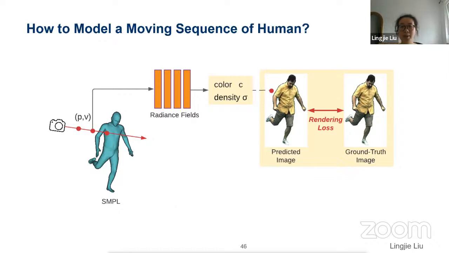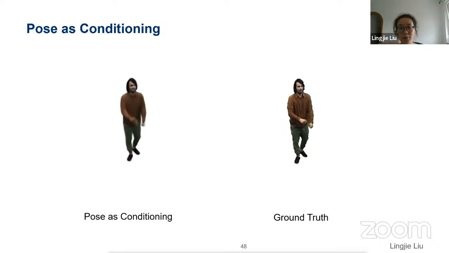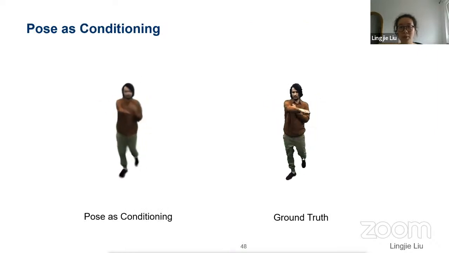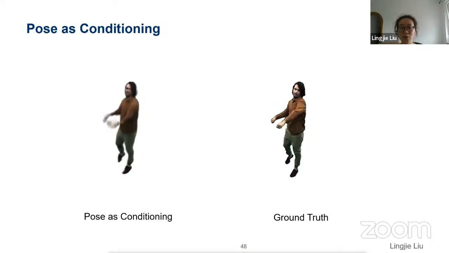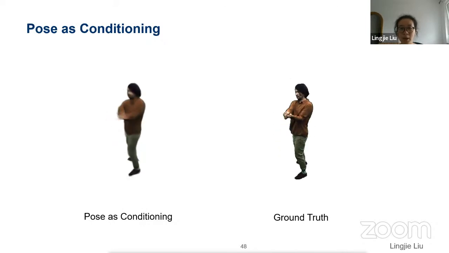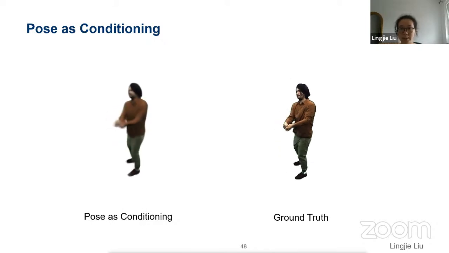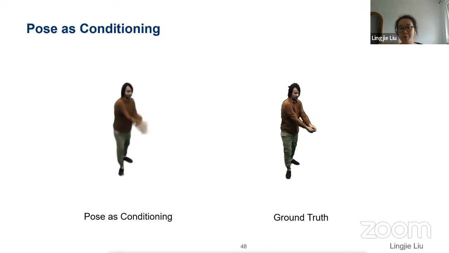Next, how do we extend NeRF to model animated humans? A naive way is to feed body pose parameters, for example the joint angles, as a conditioning to NeRF. However, using pose as a conditioning leads to serious distortions, as shown on the left. The main cause is that this model treats each frame independently.